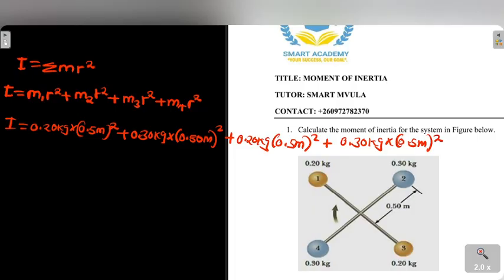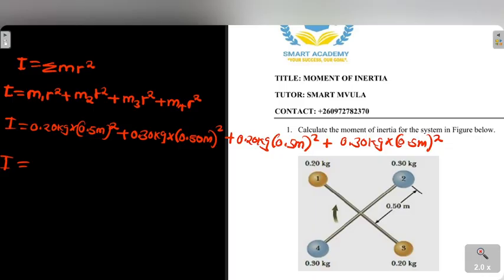It is from this point that we have to multiply whatever we have. So the moment of inertia will be equal to, you're just punching that on your calculator.